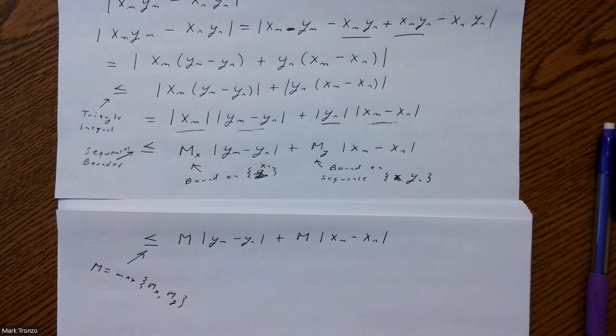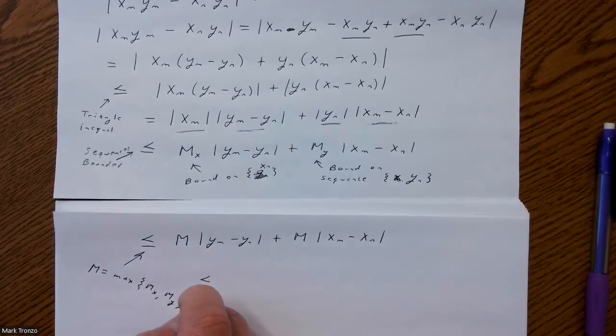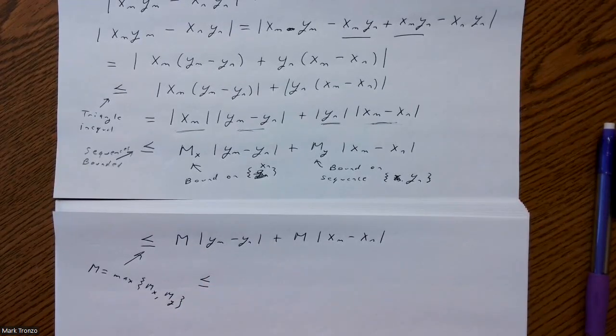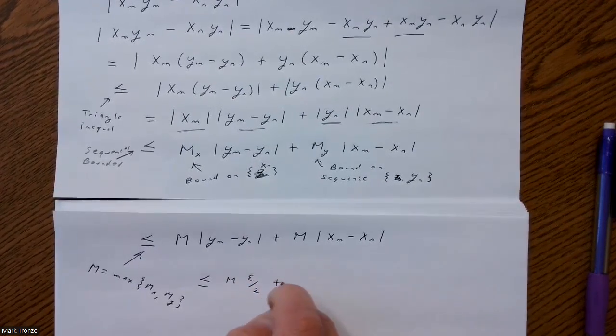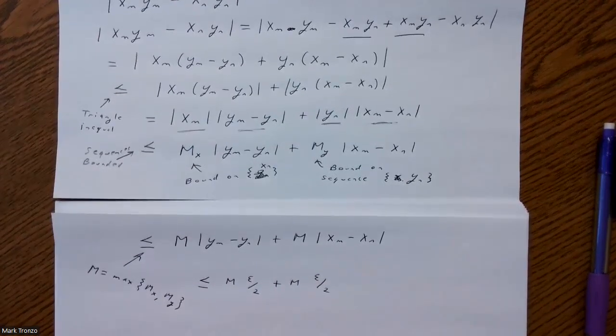And then let's see. So then finally we know, so we could say, let's see what we're getting at here. We can say that this is less than or equal to M epsilon over 2 plus M epsilon over 2.